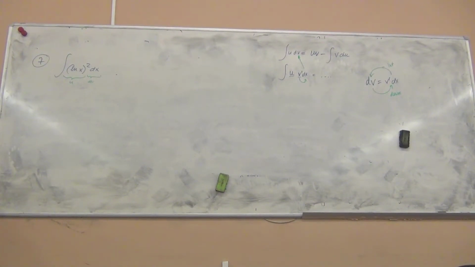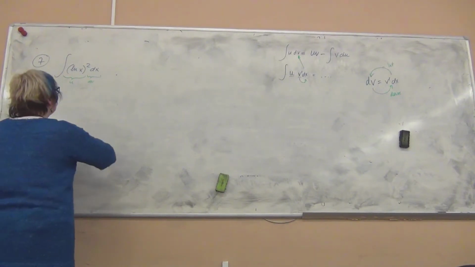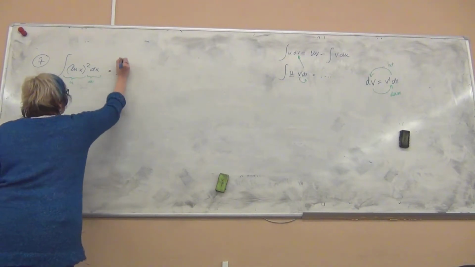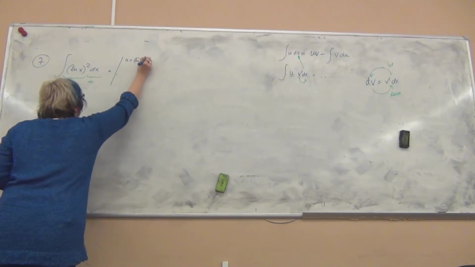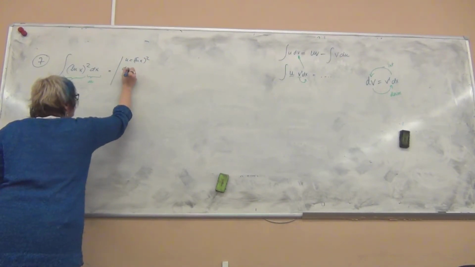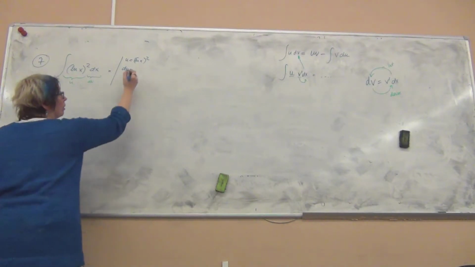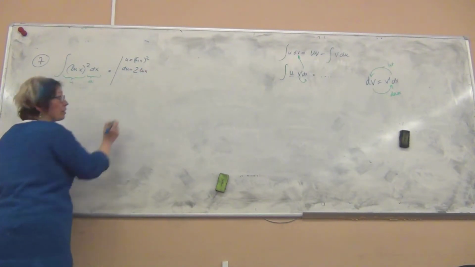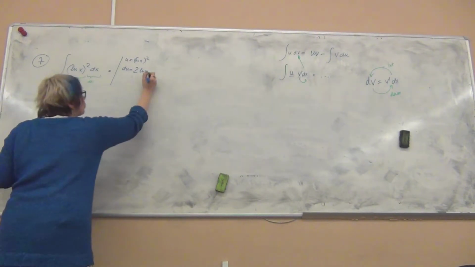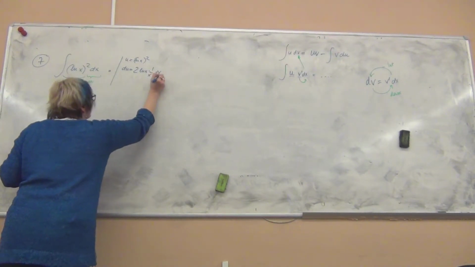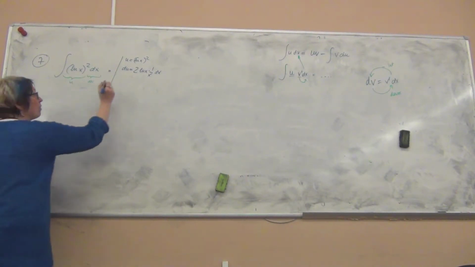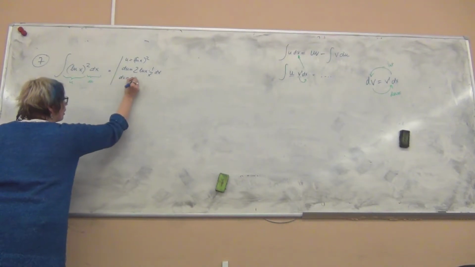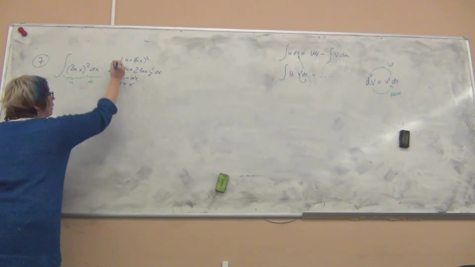If u equals ln x squared, then du is 2 ln x, chain rule, times 1 over x dx. Differentiate by chain rule. If dv is dx, it means that v is simply x.